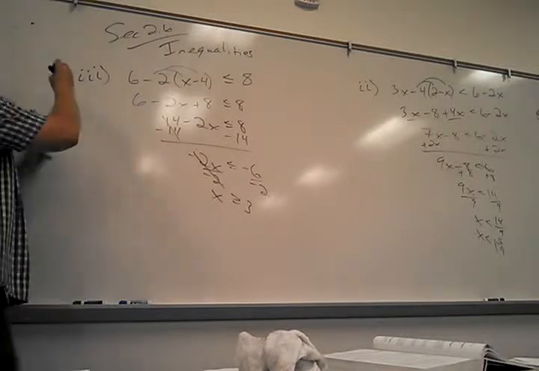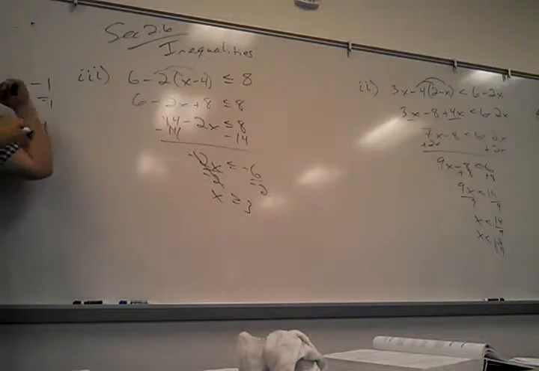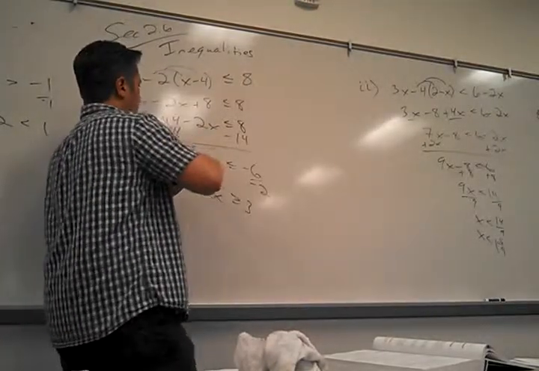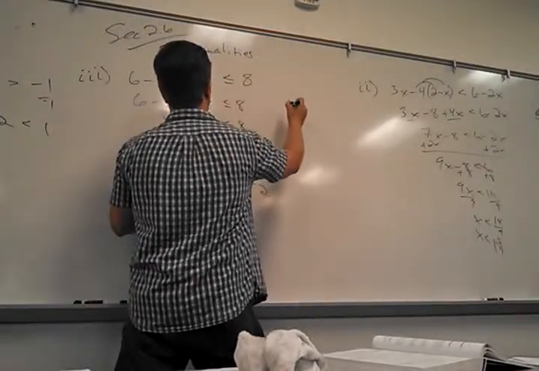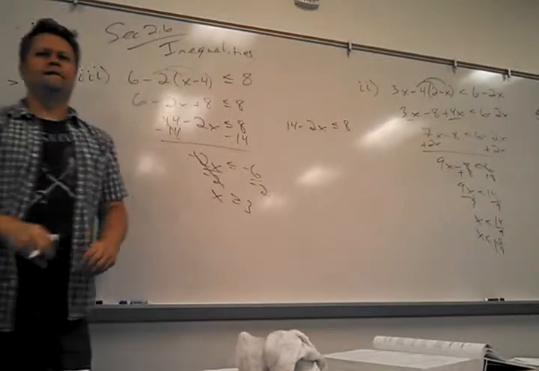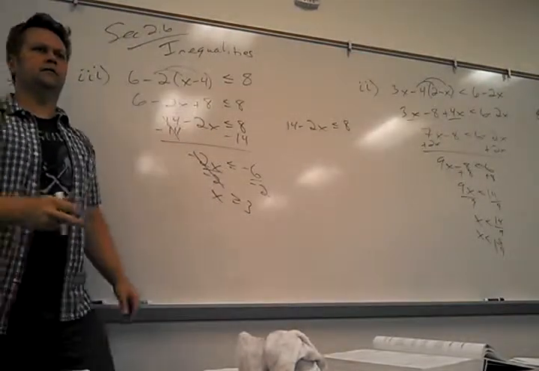Again, here's one reason why. 2 is bigger. When I divide by negative 1, now suddenly 1's bigger. Sign switched. Now here's another way to look at it if that's not satisfying enough. From this point right here, I could have done things differently. I want my variable positive, so I could add 2x. Go with me.